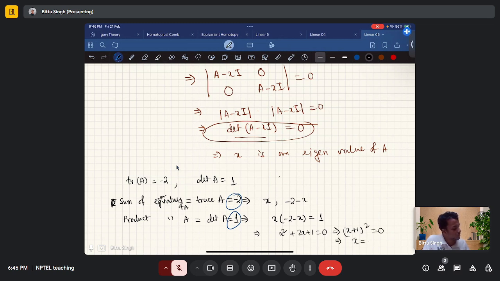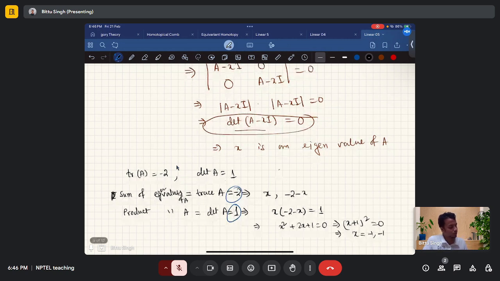Therefore, there are two solutions, both are the same. That is, the multiplicity of -1 as a solution is 2. It occurs twice. So the eigenvalue of A is -1.